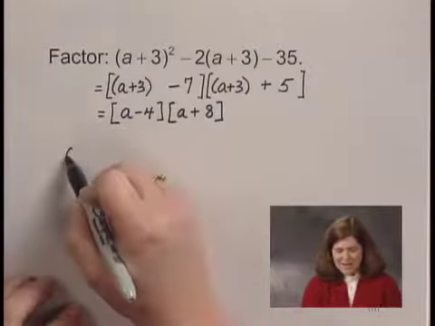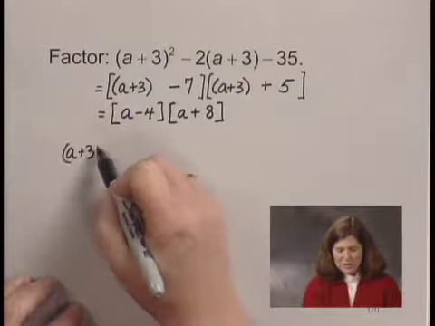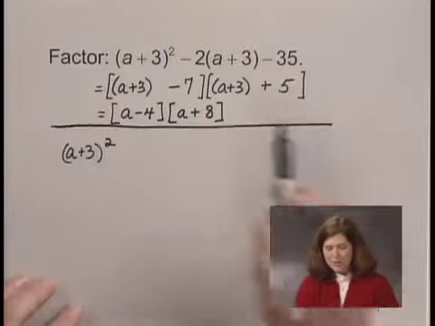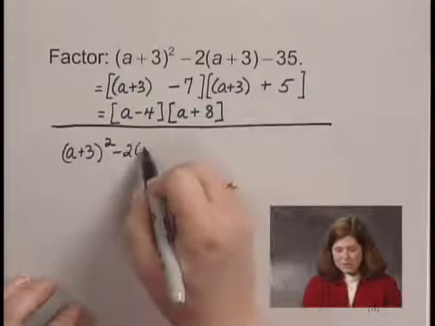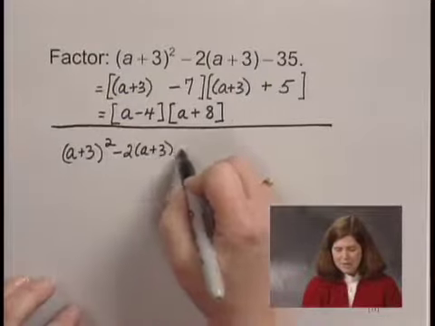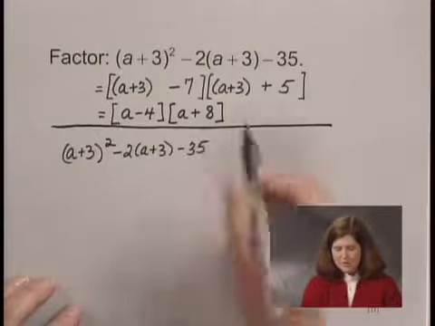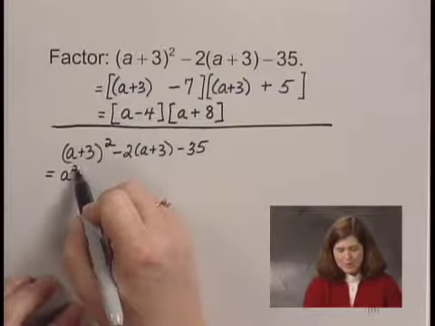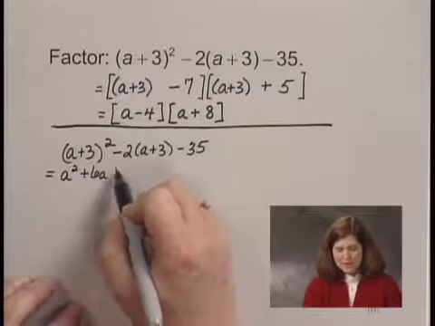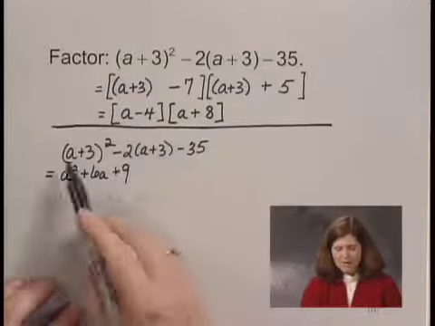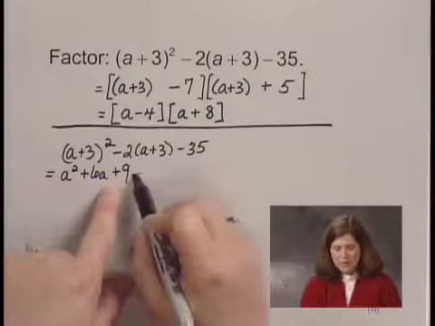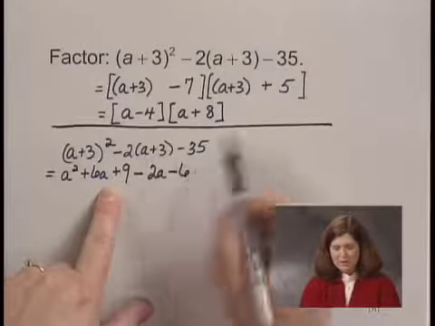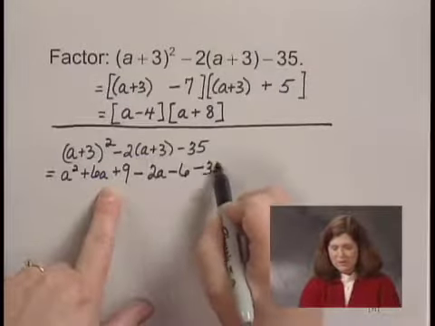We have (a + 3)^2. I'm going to draw a line here to show that we're working out a different way now. Minus 2 times (a + 3) minus 35 equals, let's multiply this out, a^2 + 6a + 9, that's (a + 3)^2, minus 2a minus 6, that's multiplying this, minus 35.